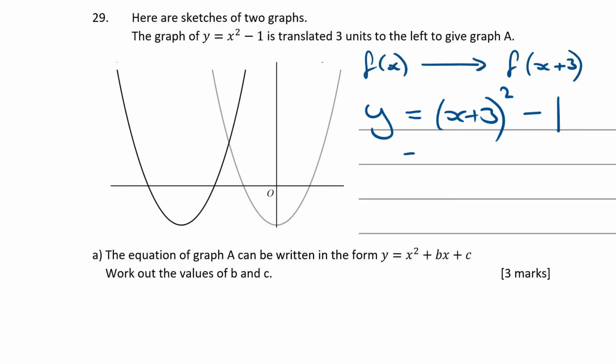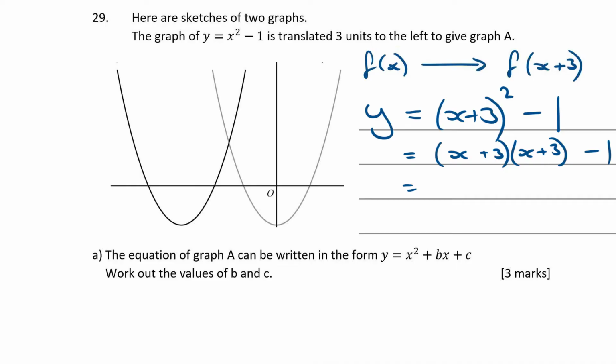Okay, now I need to rewrite that in the form x squared plus bx plus c. In other words, I need to multiply out this bracket, so I can either double it up like that or remember the identity: a plus b all squared is equal to a squared plus 2ab plus b squared, which tends to be the way that I do it. I just remember that identity so I know what to do with these brackets when I multiply it out.